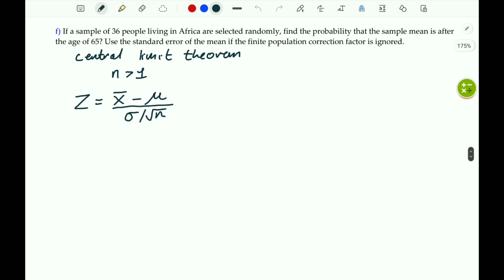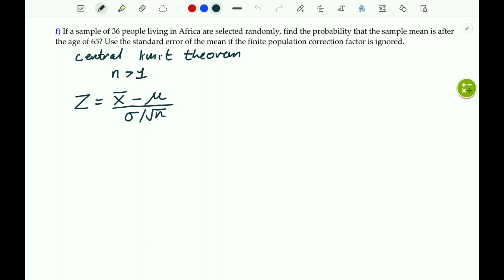F says, if a sample of 36 people living in Africa are selected randomly, find the probability that the sample mean is after the age of 65. Use the standard error of the mean if the finite population correction factor is ignored.